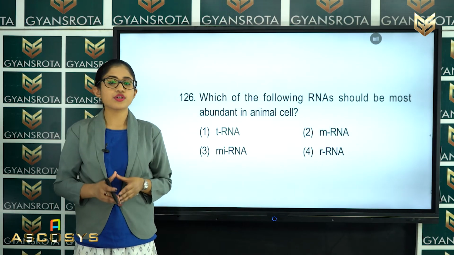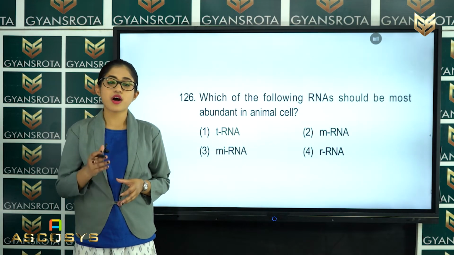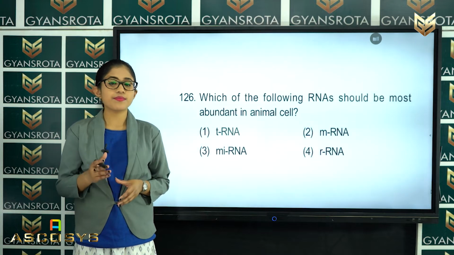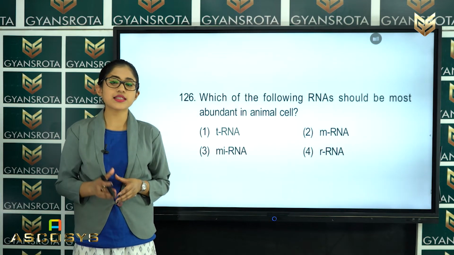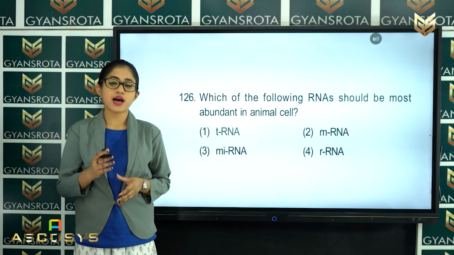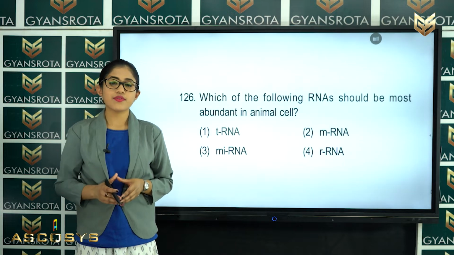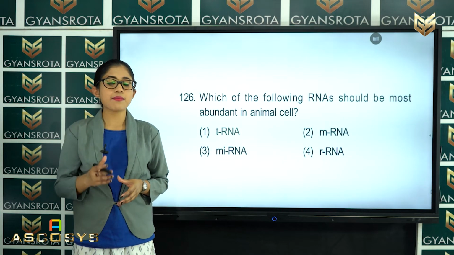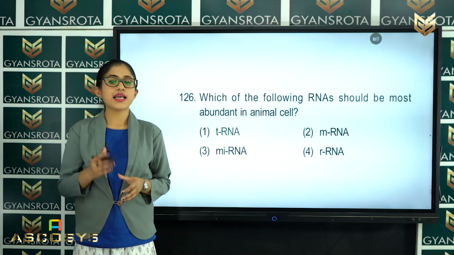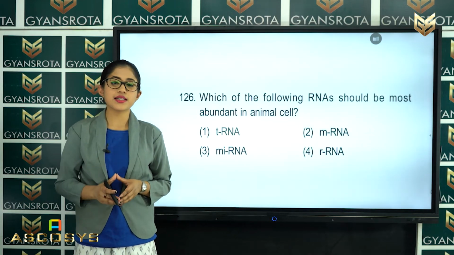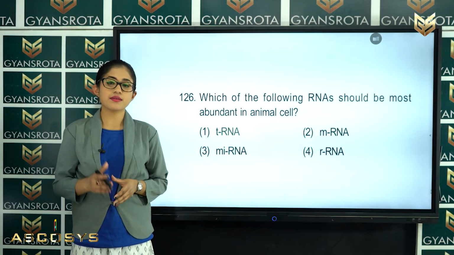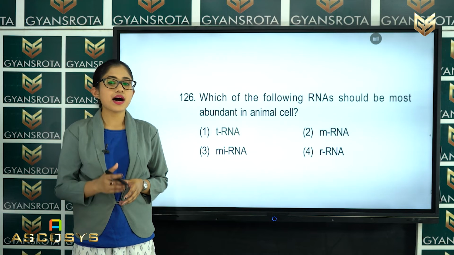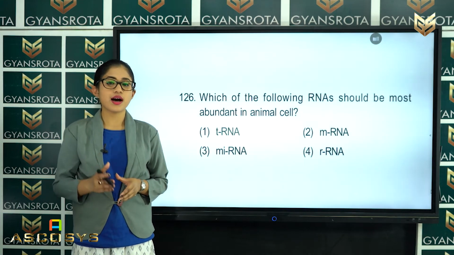So, that question has directly come from the chapter Molecular Basis of Inheritance. We have discussed the different types of RNAs, right? So, we have discussed the transfer RNA that is called the tRNA, then mRNA is the messenger RNA, then miRNA is the microRNA, and the rRNA is the ribosomal RNA.